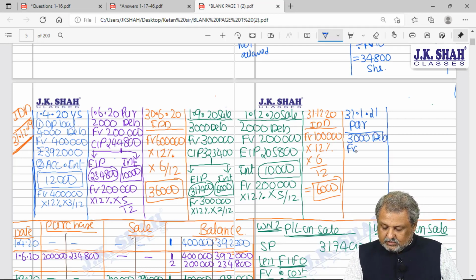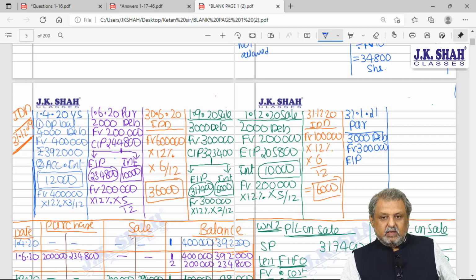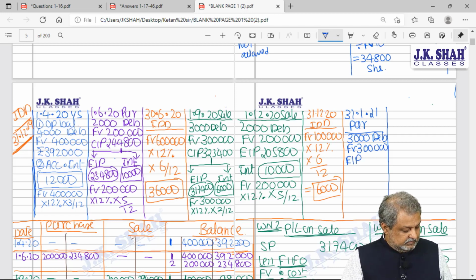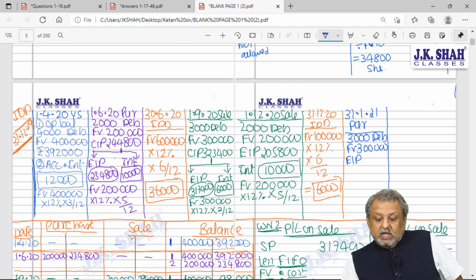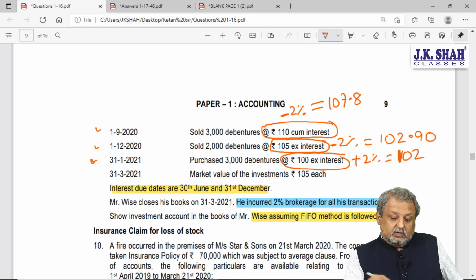So face value 3 lakhs. Tell me how much will be EIP? EIP 3,000 into 102.